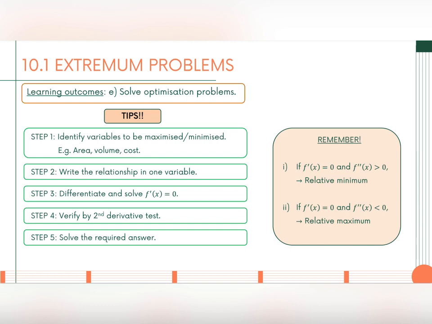Now, here are the tips to answer optimization problems. So first of all, you need to identify the variables to be maximized or minimized. So for example, sama ada kita nak maximize area, or we want to maximize the volume, or we want to maximize ataupun minimizekan cost untuk membeli sesuatu bahan, for example.